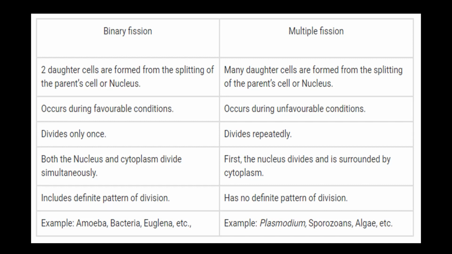In a multiple fission process, the division is repeated. It's not only once as in binary fission. In multiple fission, the division is repeated. First, we saw that the nucleus is divided and then it is surrounded by the cytoplasm.